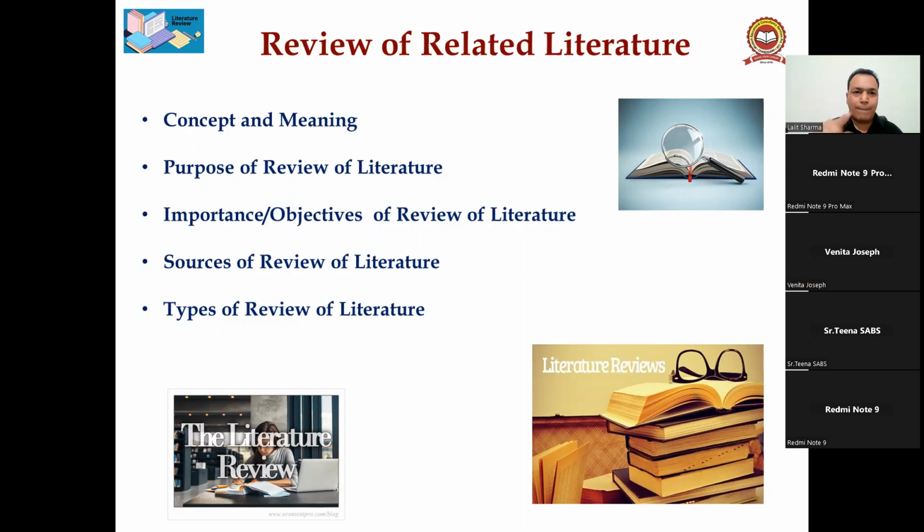Okay, purpose we have come to know, importance we have come to know, sources we have come to know, right? Sources are books, journals, abstracts, indexes, dissertations, internet, right? Types of review of literature: primary, secondary, and tertiary. I have discussed in this topic. I hope you have understood this topic. Thank you so much, guys.